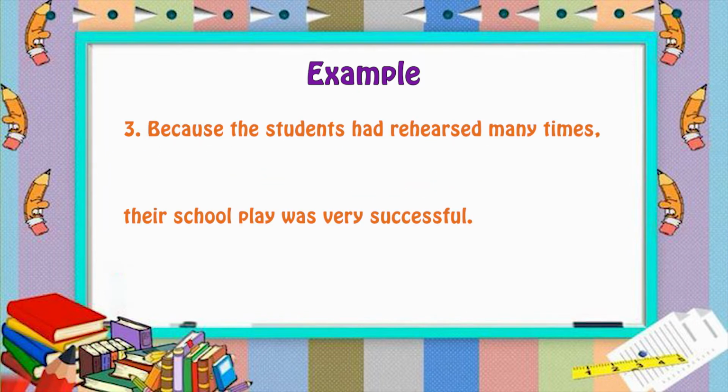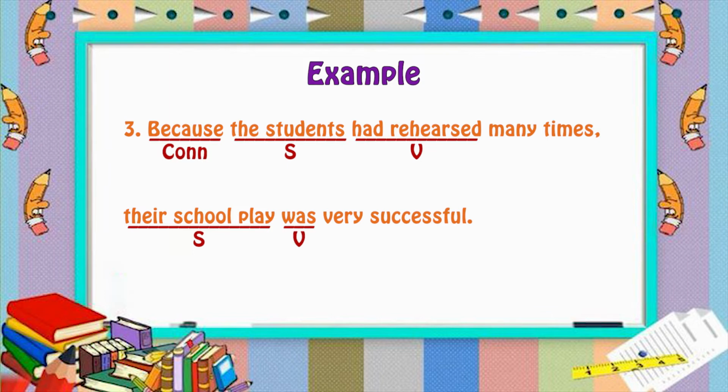Because the students had rehearsed many times, their school play was very successful. Okay, we have because, that is the connector showing cause, and then the students, a subject, had rehearsed, the verb, and then a comma. And then their school play was very successful.